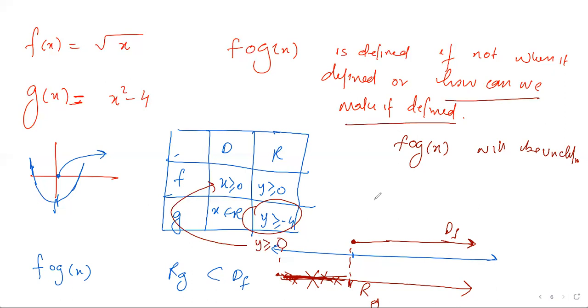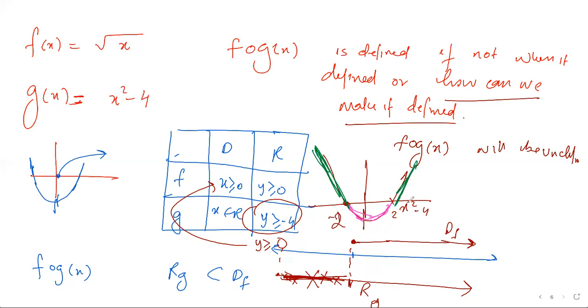Because you have truncated this, the old domain will not be valid anymore. So now I take g of x as x squared minus 4, with -2 and +2 here. I removed this part of the function because I'm taking the new range as this green part, y greater than 0.